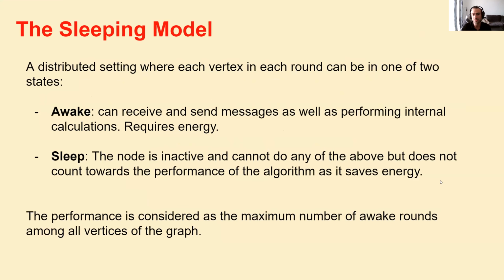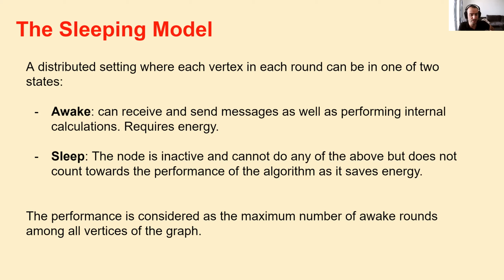The sleeping model is a distributed setting model, in fact, where in each round the vertices can be in one of two states. One is the awake state, where the vertex can perform any task we wish in the distributed setting: receiving, sending messages, and internal computations.